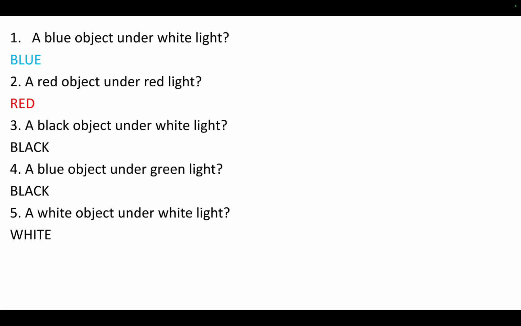All the wavelengths of light will be reflected at once, so it'll still appear white. And the last one, a white object under yellow light will appear yellow. Yellow light's the only light that's been reflected. White reflects everything, so the object will appear yellow.